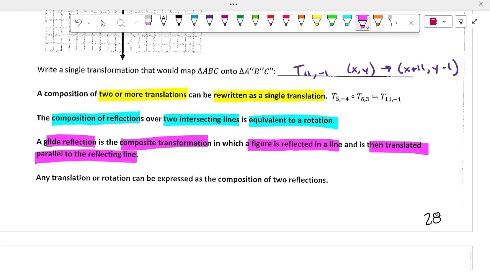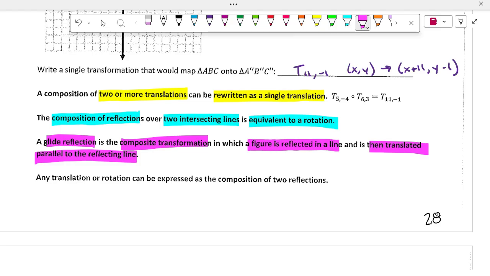So what does that look like? Let's say I did it over y equals 4.